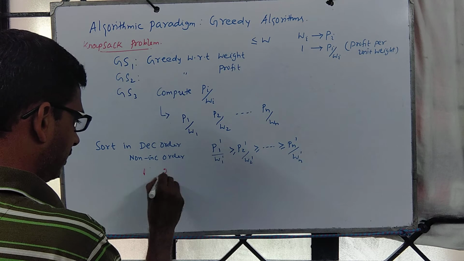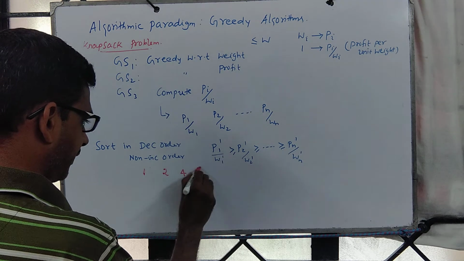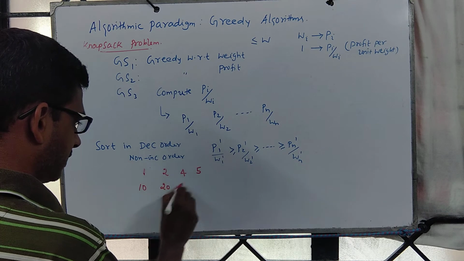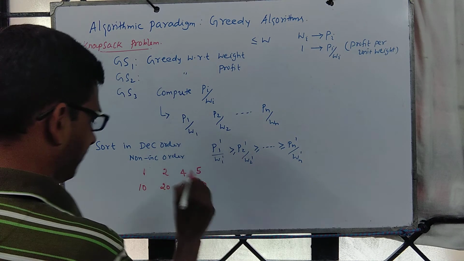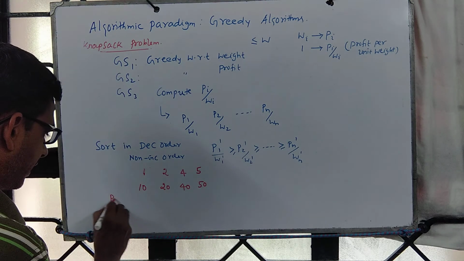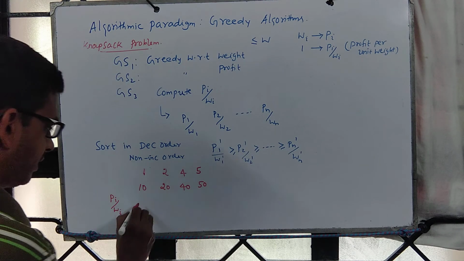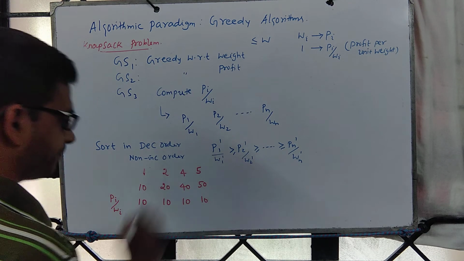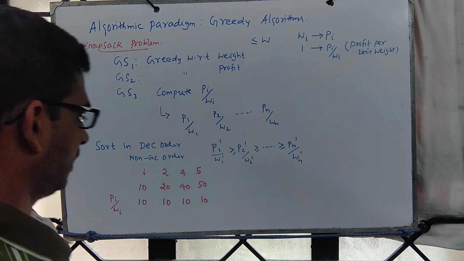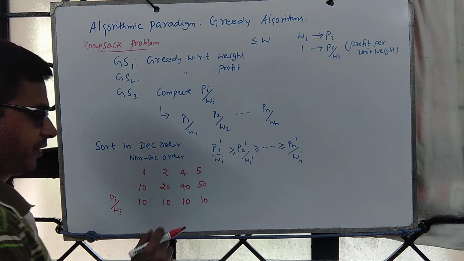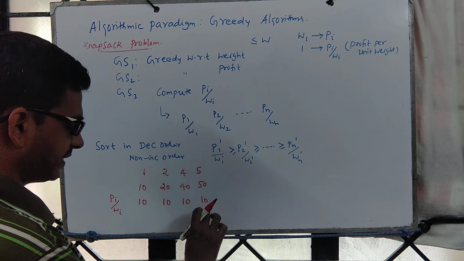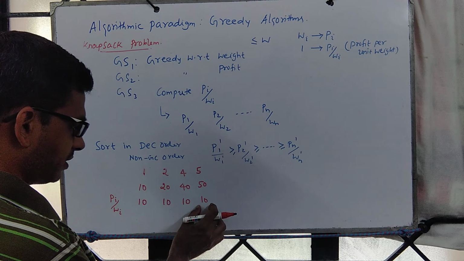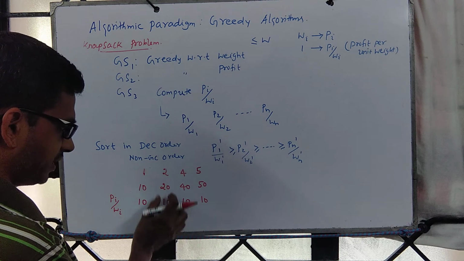So we were having 1, 2, 4, 5. Initial example was this was 10, this was 20, 40 and 50. So now we look at Pi by Wi. So we get 10, 10, 10, 10. Now we don't know because all these values are same, and the algorithm may take this, followed by this if it is feasible.